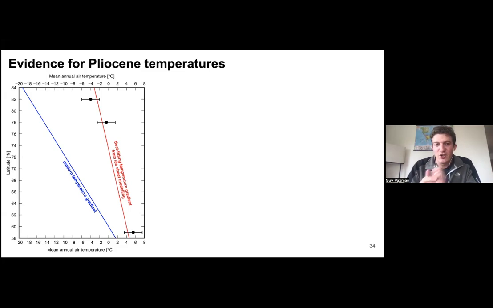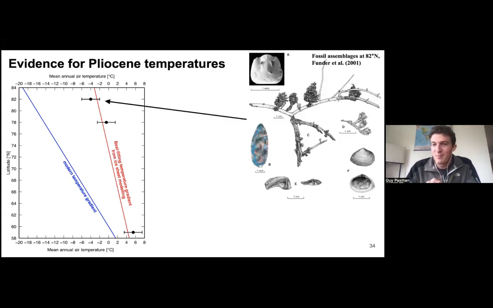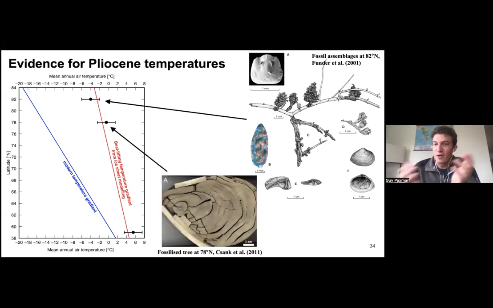And if we compare that to a couple of examples that we have from the terrestrial record, Pliocene vegetation assemblages from northern Greenland, you can see here what I think is a fossilized ant head. Hopefully you can see that there. I think it's facing upwards. These assemblages have been used to infer some quite broad mean annual air temperatures for northern Greenland, but also from fossilized tree wood from the north of Greenland.